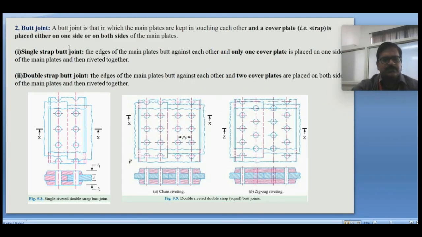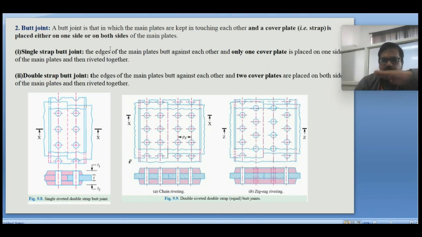Next, in the butt joint, the two plates are placed like this, parallel to each other, touching. The two plates are touching each other, and a cover plate is placed on one side or on both sides. If a cover plate is placed on one side, that is a single cover or single strap.